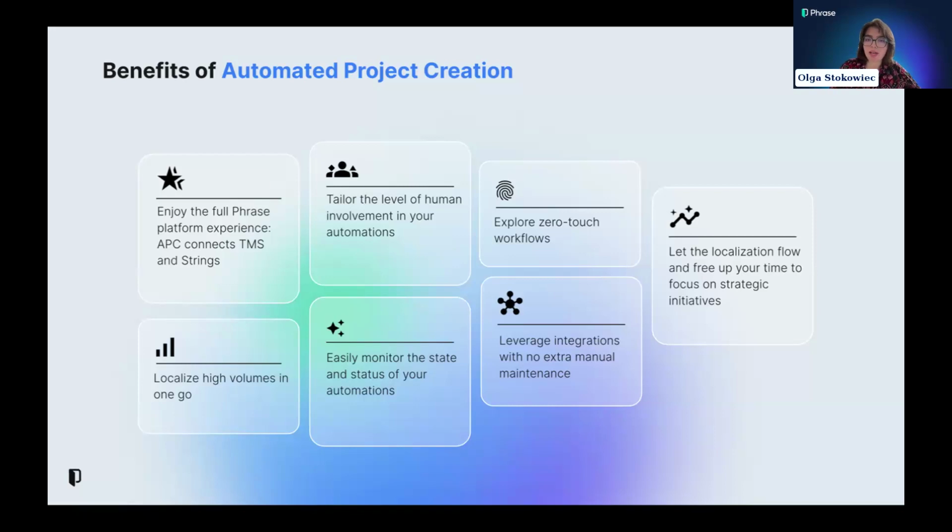And so that way you can leverage integrations with no extra manual maintenance, with no extra manual steps. And you don't have to worry about moving your content manually and monitoring where the updates were made, which segments are affected, etc. So to sum it all up, automated project creation allows you to just let the localization flow, and you can have the time to focus on strategic initiatives.